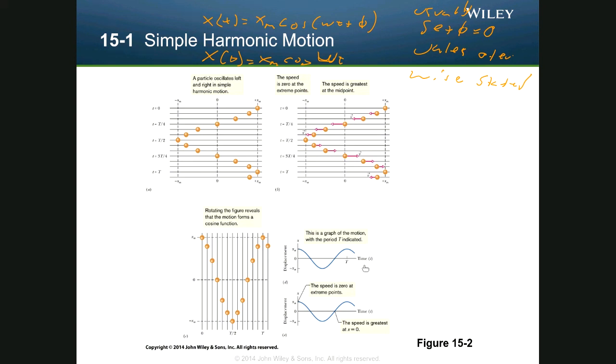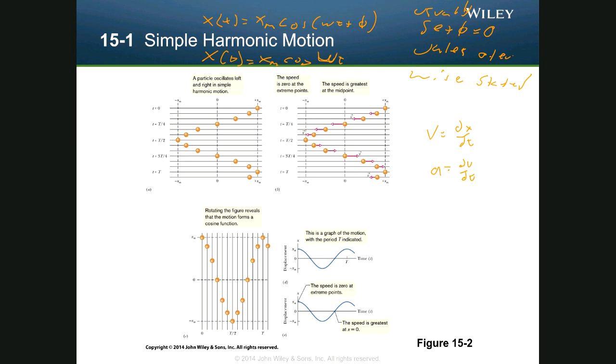So now, since we have x, we're going to do the same things we've always done, right? Which is that we're going to want to find v equals dx dt, right? And a equals dv dt. So let's do that really quickly, okay?